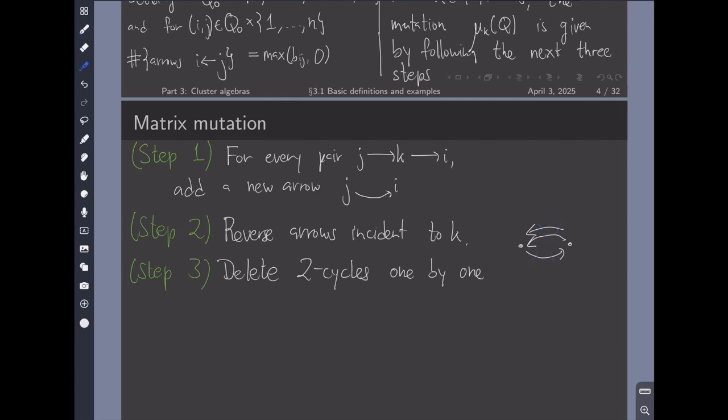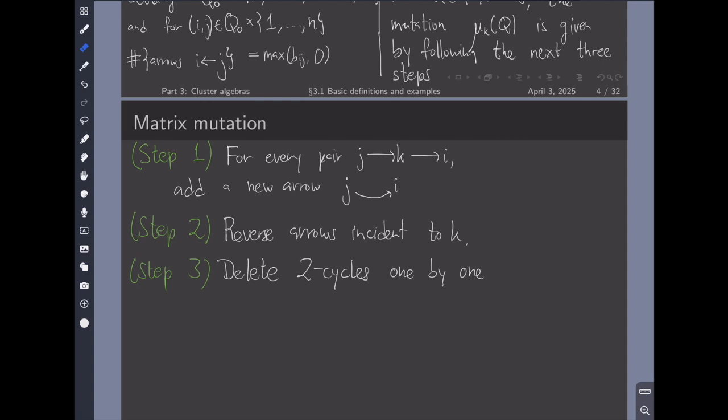But no, what I want is just to erase this arrow, paired with one of the 2. I don't want to erase both of these at the same time. Some other people say choose a maximal collection of disjoint 2 cycles and erase this maximal collection.